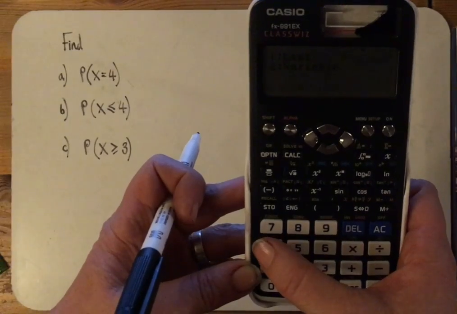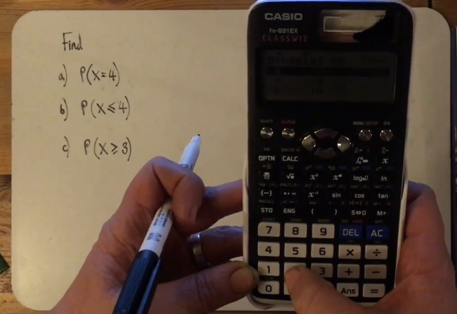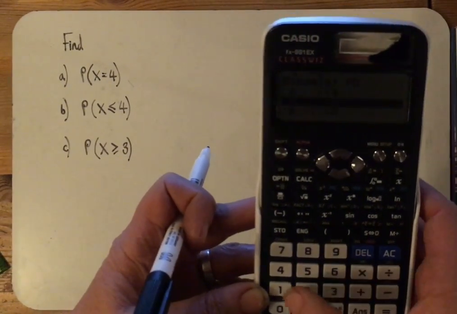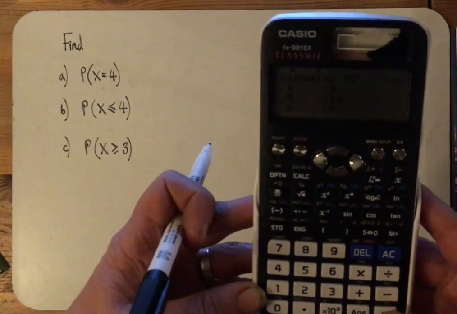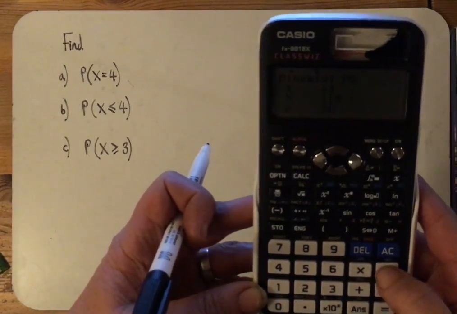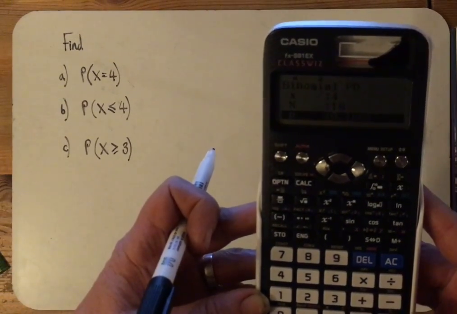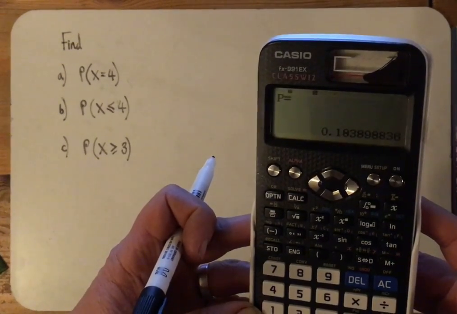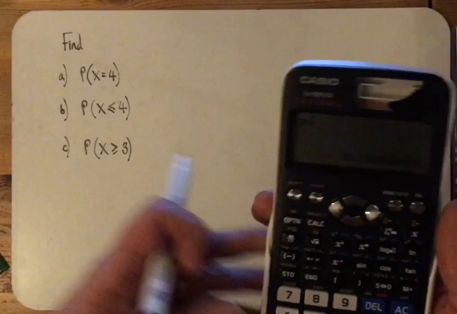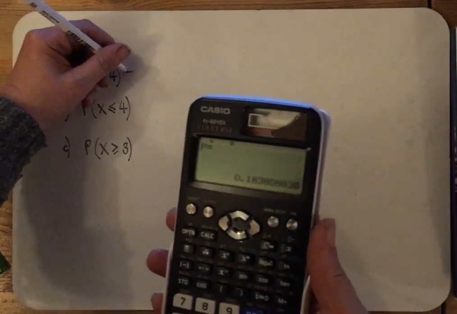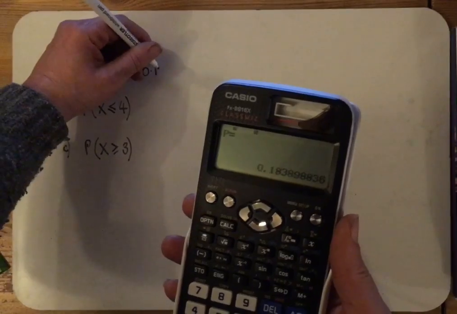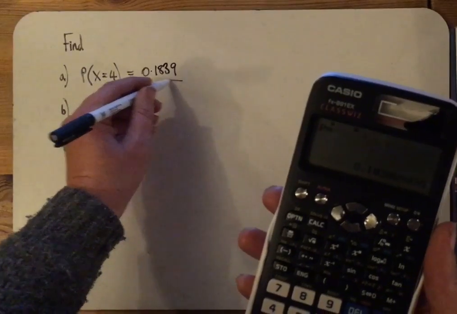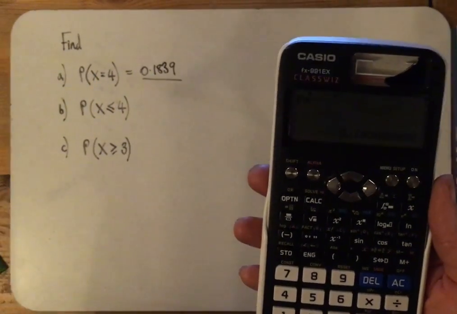Option 4, and then we just want a variable, one value. X is equal to 4, n is equal to 18, and p is equal to 1 over 6. So 1 divided by 6, equals, and that comes out as 0.1839. Apologies, I can hardly see my display, so I'm assuming you probably can't.